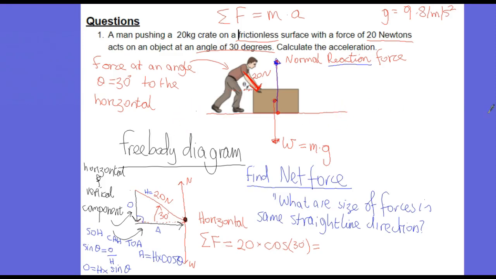Forward, horizontally. So overall, we're going to get an acceleration in this direction. Isn't that right? Now, that's the horizontal direction, which is the same direction as the horizontal part of the pushing force. Does that make sense? So this net force is equal to the mass of the crate multiplied by the acceleration that it's going to experience.